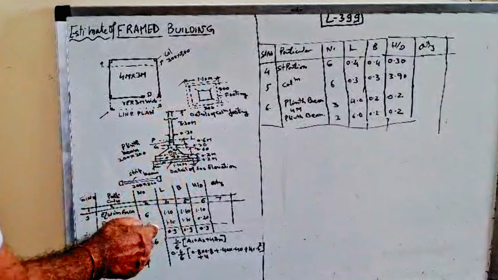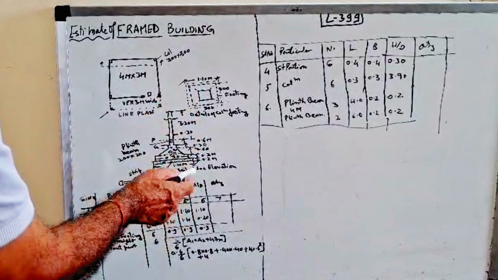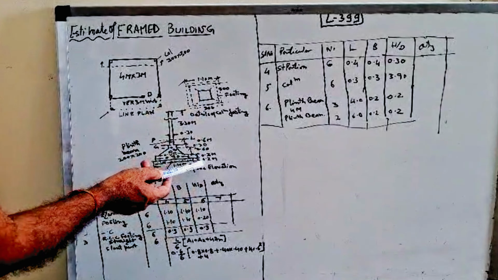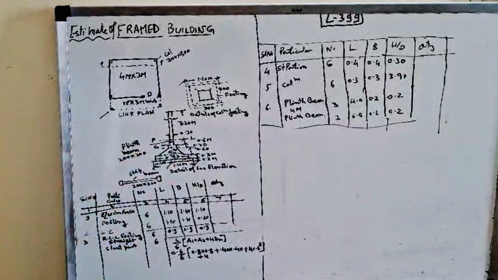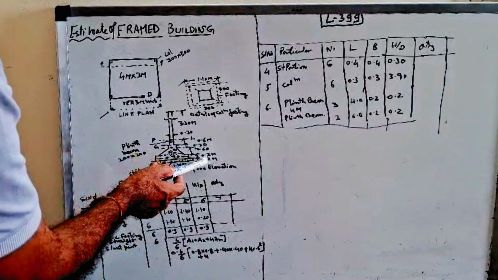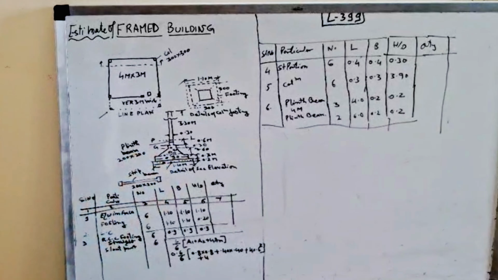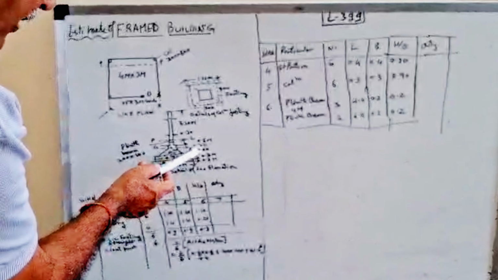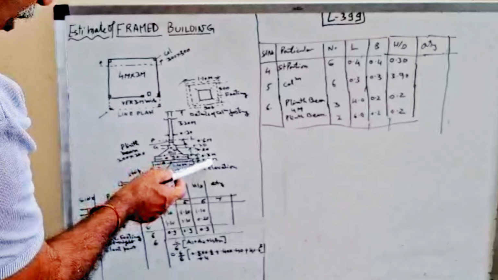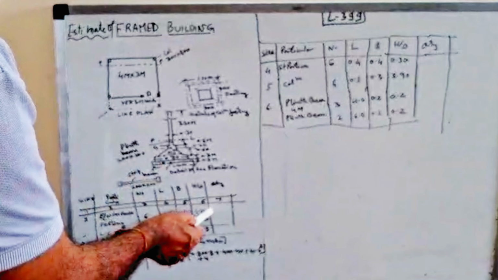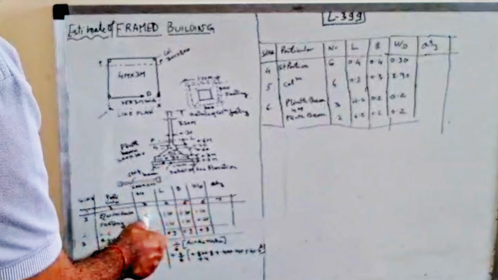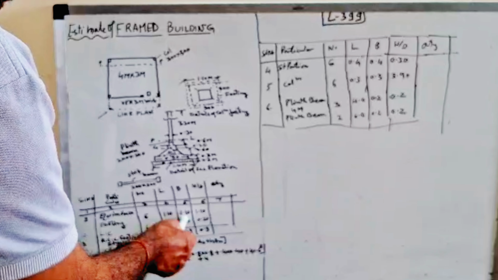Another side will also be width 1.1, and depth will be 0.2 plus 0.3 plus 0.6 plus 0.3. So this is coming 0.91, this is up to GL. This is 0.6, 0.3, and 0.2, 1.10. So this is also 1.10. So your excavation work will be 6 into 1.1, 1.1, 1.1.